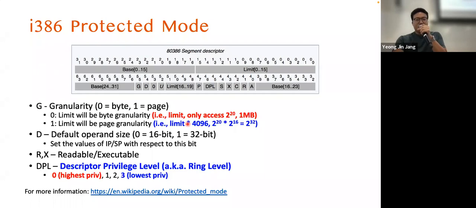To get into more details of the bits of protected mode, you can regard it as starting from the 0th bit to the 32nd and 64th bits. You can also see how the limits and base addresses are stored in this fashion.